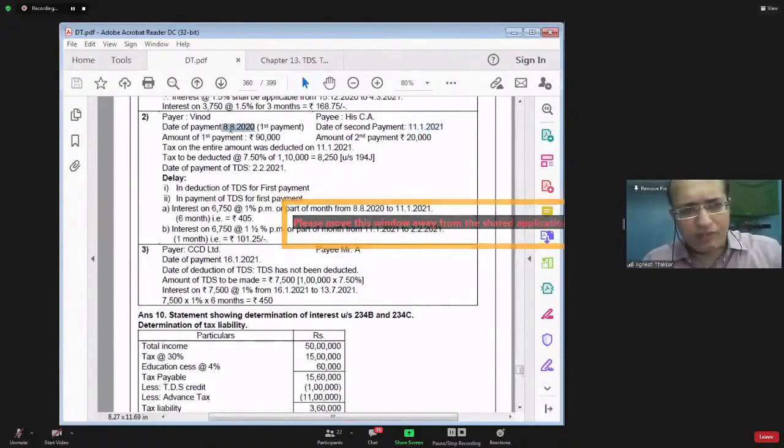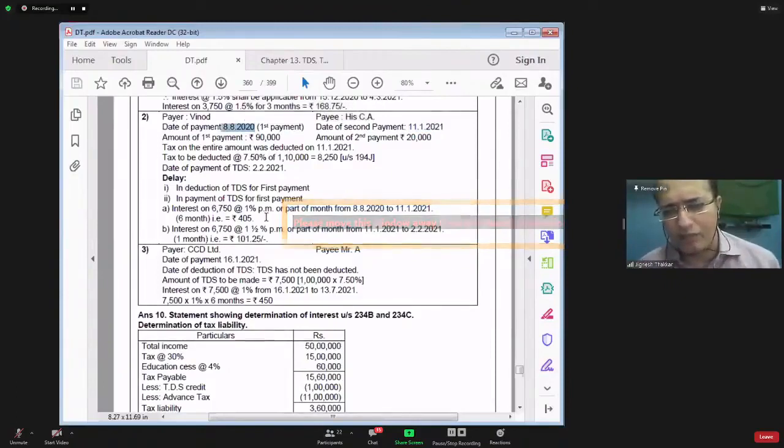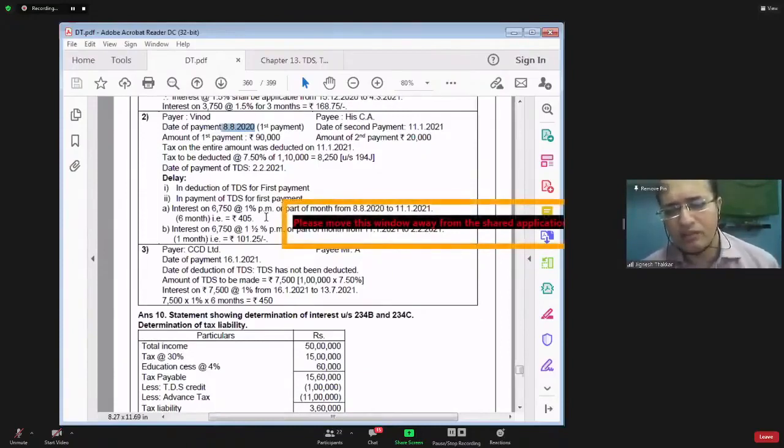So now you take 1 month from 8th August 20. Up to which date? 7th September 20. Not 8th September, 7th September. You can take 8th September, default will start from 9th.